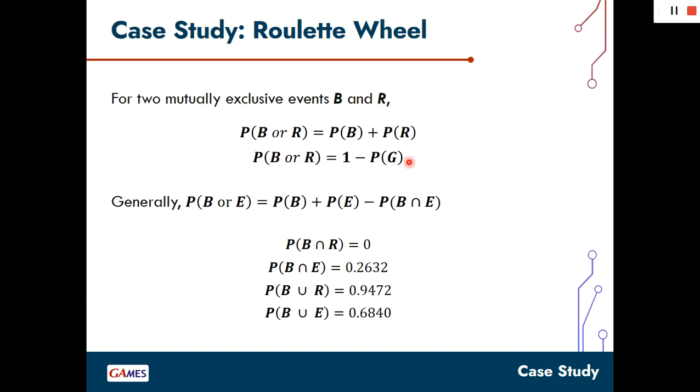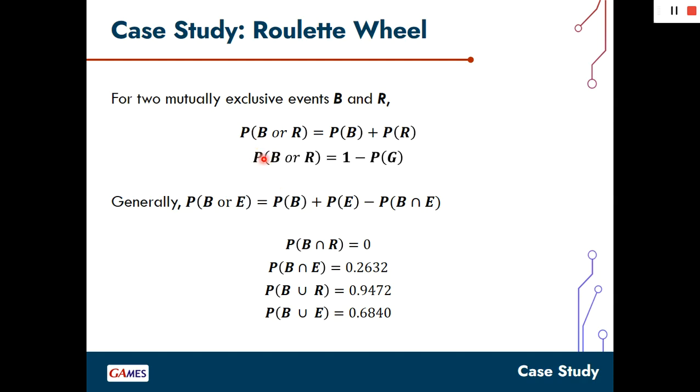So based on color, we just have three types of events, and all three are mutually exclusive. So when you add all these mutually exclusive events together, they give you one. So if you want either black or red, simply subtract the probability of a green from the probability of the entire sample space, and that gives you this.